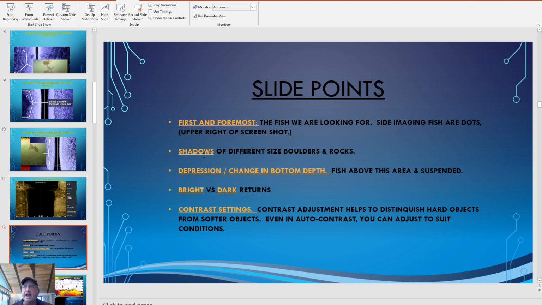I talked about shadows, and how they give you information on the size not only of boulders but of fish as well. We looked at that depression, the change in the bottom depth, and you noticed that it was right when we went over that change that those fish appeared. So they were suspended right over that little dip in the bottom.